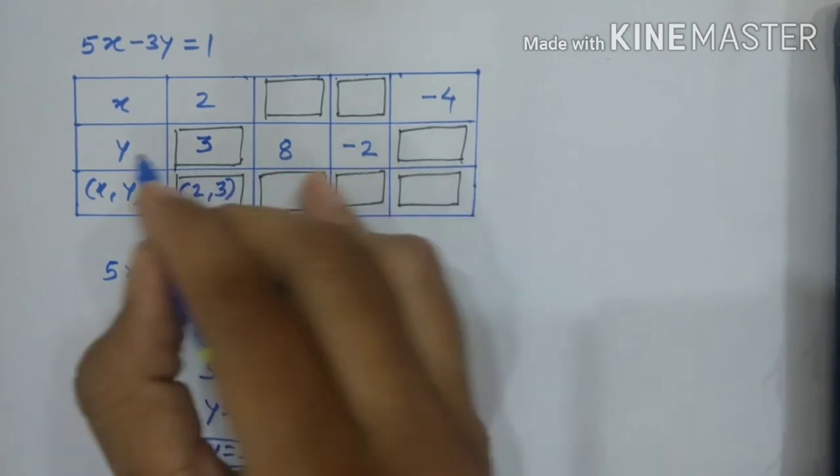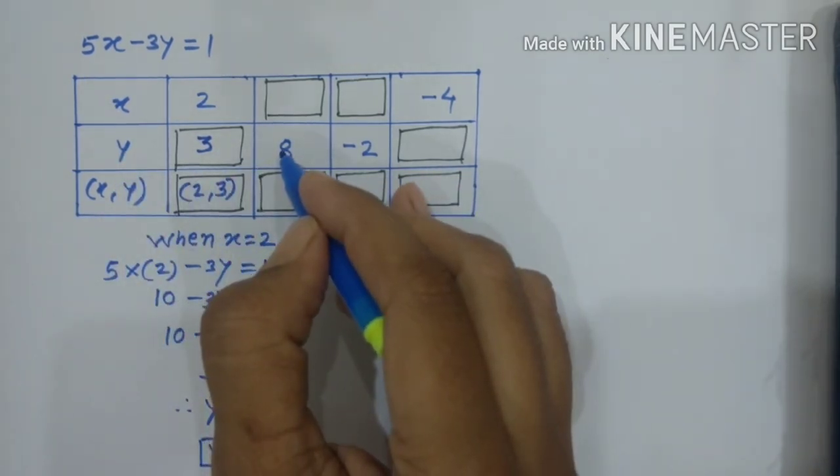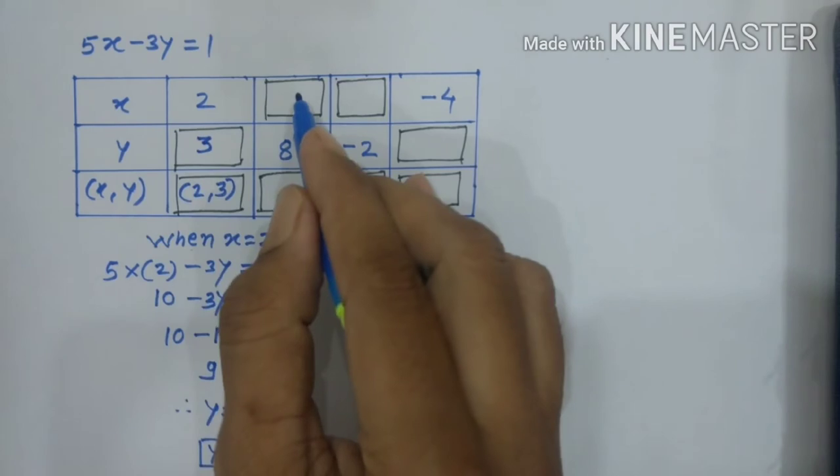In the third column, the value of y is given as 8. Therefore we have to find the value of x.